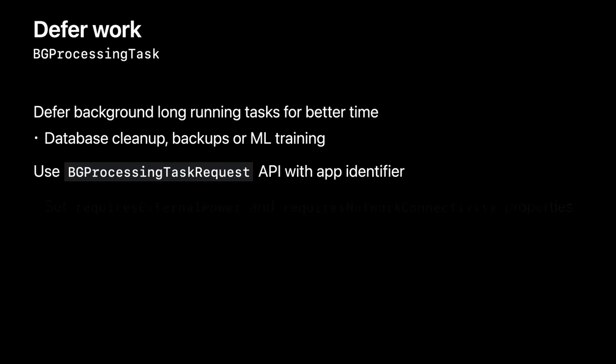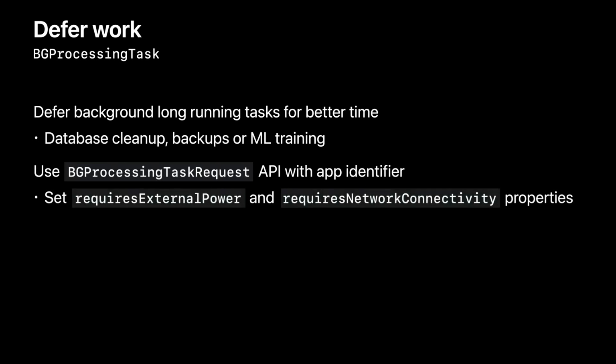Then provide more information such as if your tasks need external power or network. Providing more information will help the system schedule the task at a better time window. The system will then launch your app in the background at an opportune time and grant several minutes of runtime to complete the deferrable work.